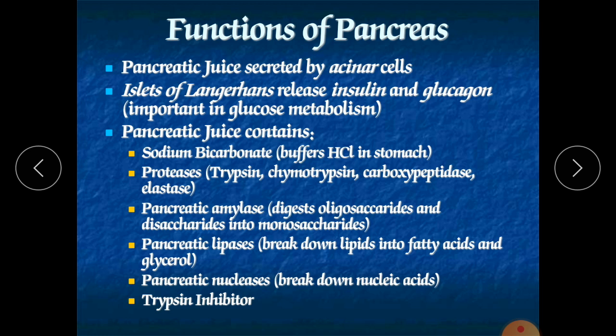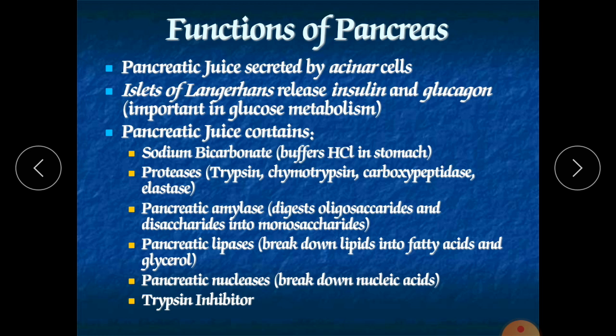Now there are various enzymes, which include pancreatic amylase. There are various types of enzymes for various types of foods. As we have carbohydrates, there is pancreatic amylase, the enzyme responsible for the digestion of starch, for the digestion of carbohydrates.